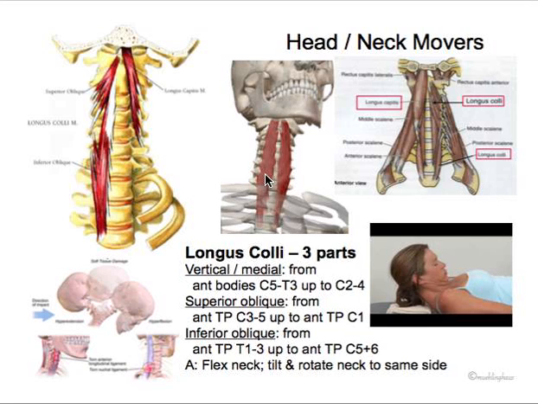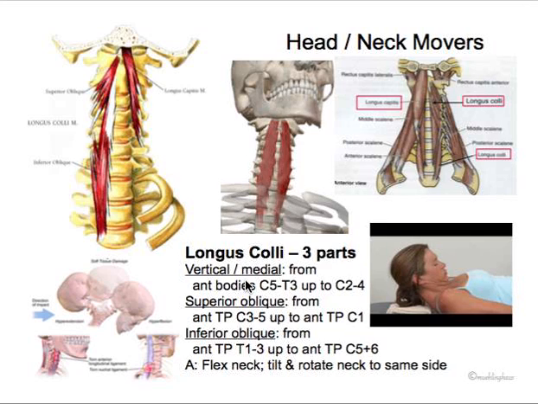So let's look at them. We have three parts to the longus colli muscles. We have a vertical part that's most medial, going up and down here in the midline. Then we have a superior oblique part and an inferior oblique part.